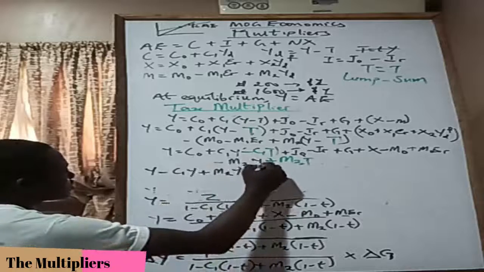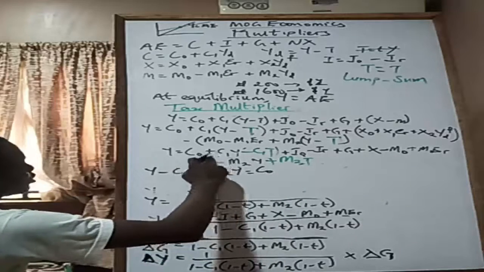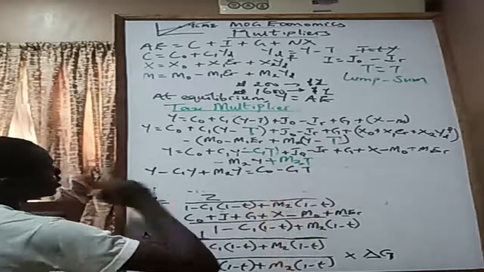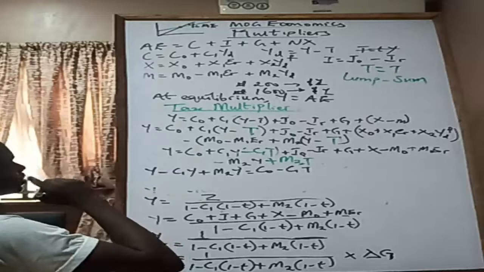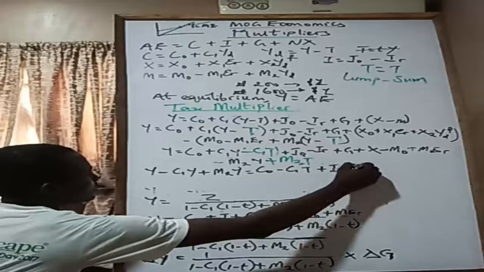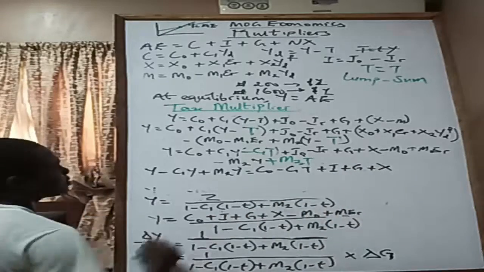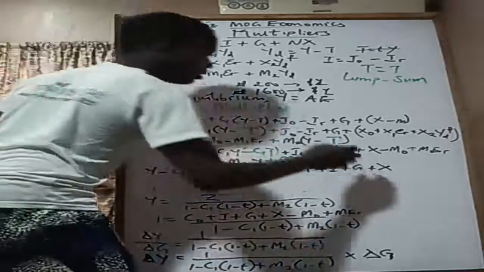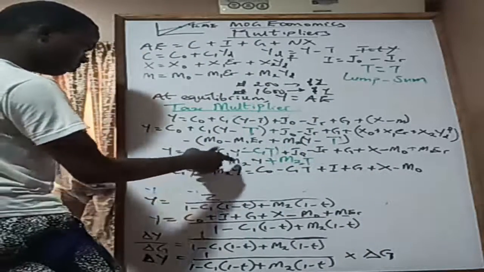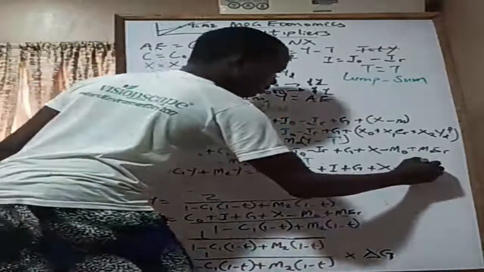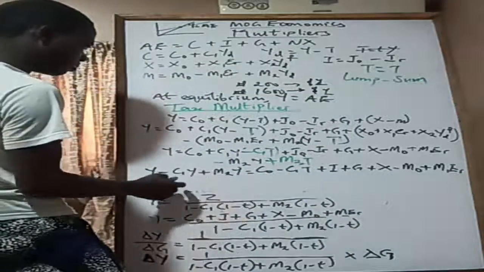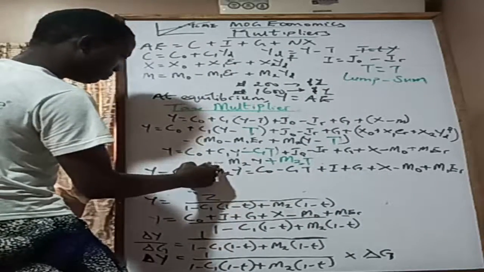So you have c naught, then plus c naught minus c1t. Then I can just leave this one as plus I plus G plus X, minus m naught, then plus m1eR, then plus m2t.